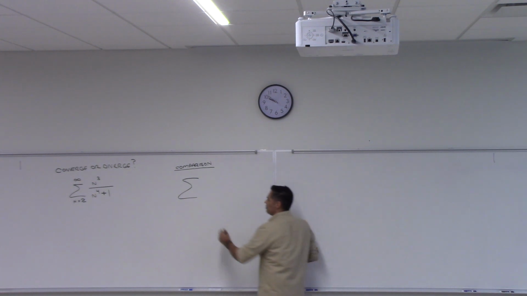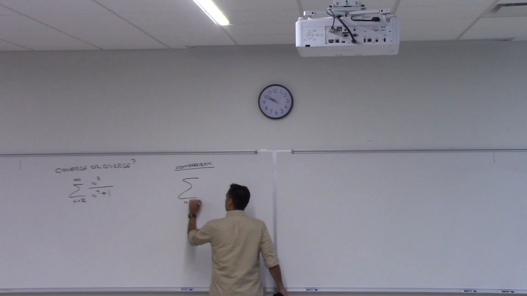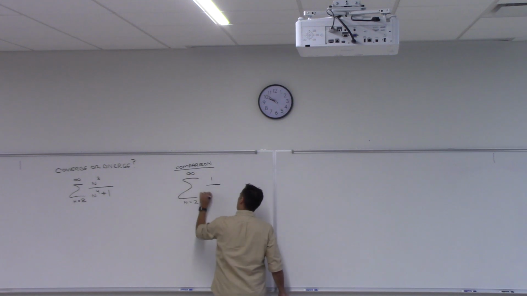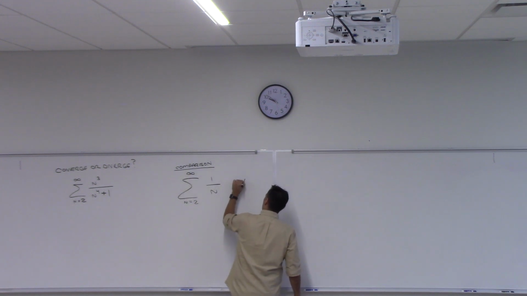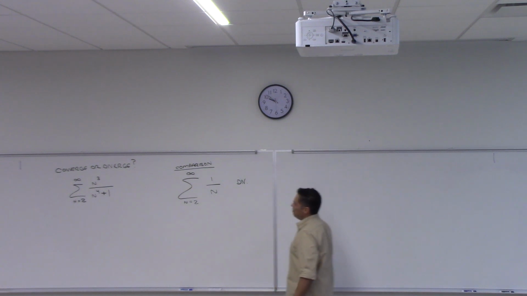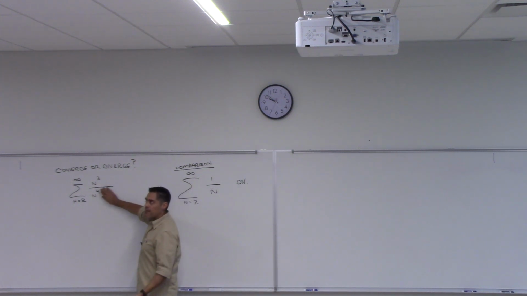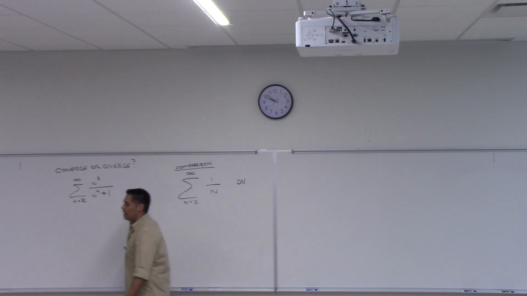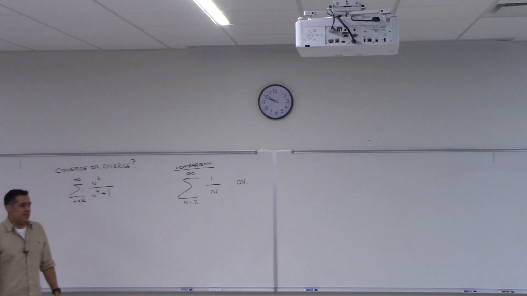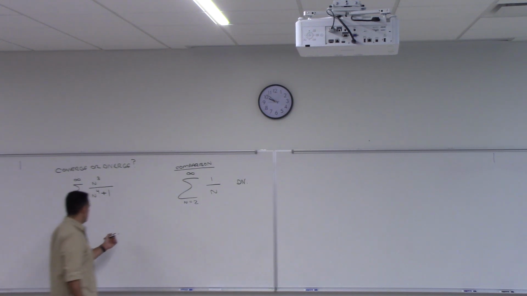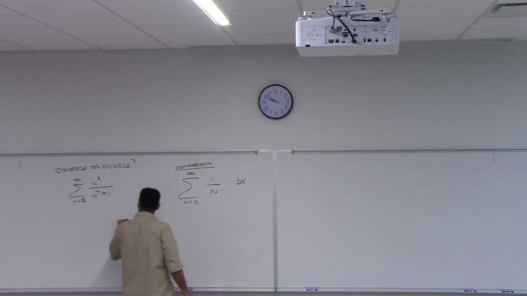So let's compare it to this series, which is a divergent harmonic series. I'm still using 1 over n because this does look like n cubed over n to the 4th, so it does look like 1 over n to me. But now, I'm not going to set up the inequality. I'm going to set up this limit comparison.